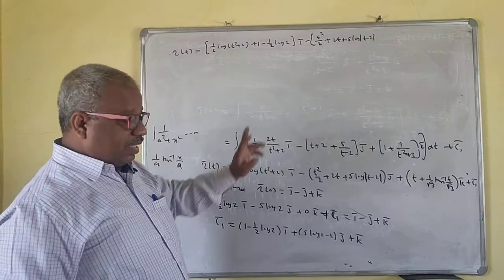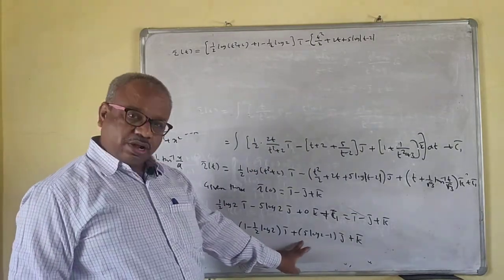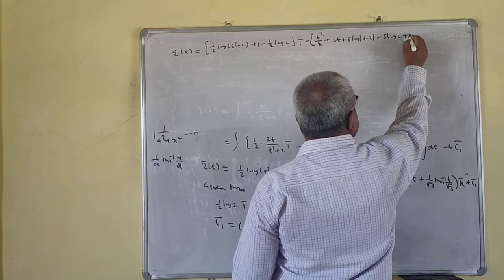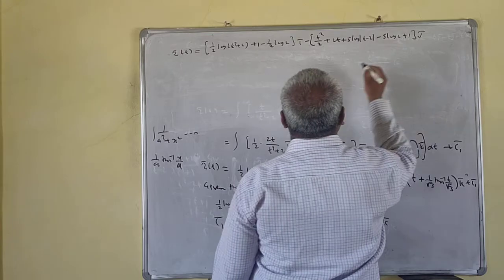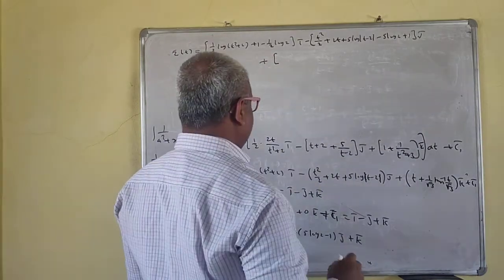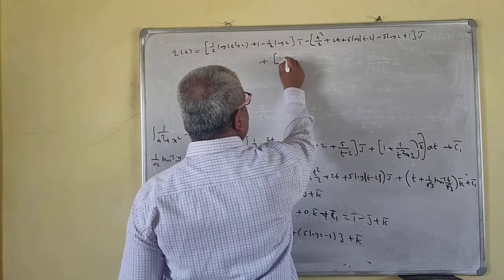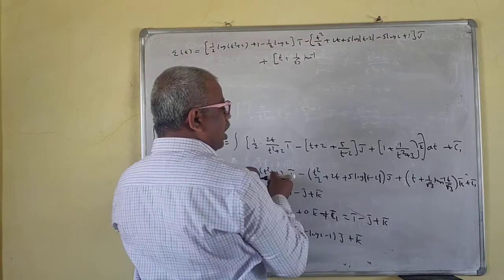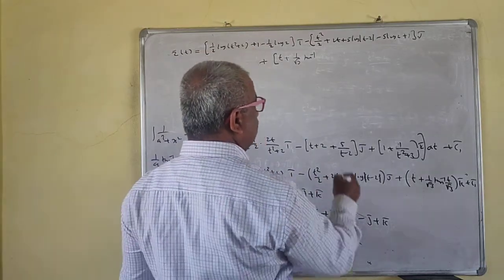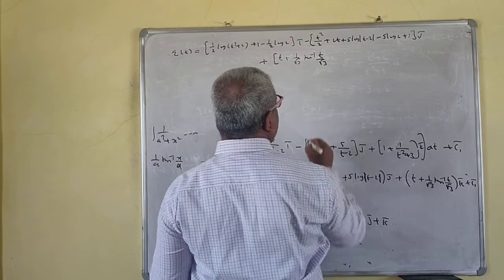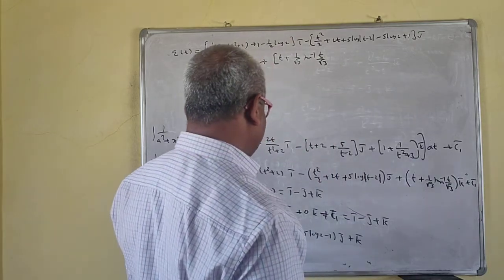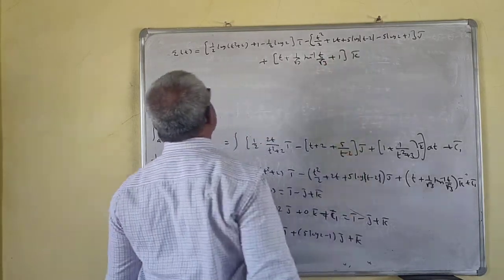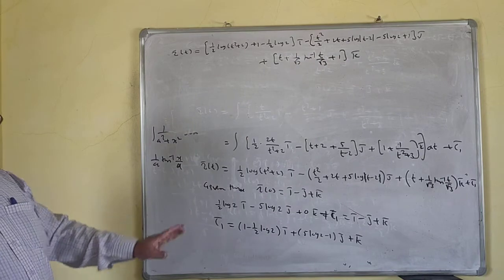Now we have taken the minus sign common here, so we have to change the sign: minus 5 log 2 plus 1 j bar, plus t plus 1 by root 3 tan inverse of t upon root 3, then plus 1 k bar. This is your r bar of t.